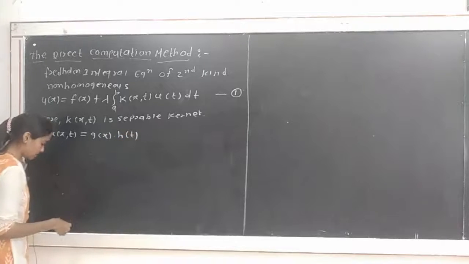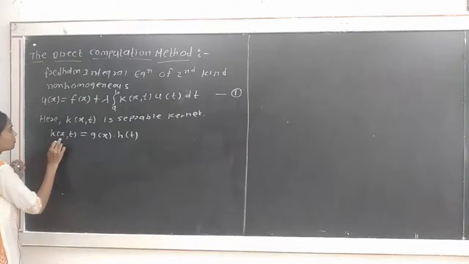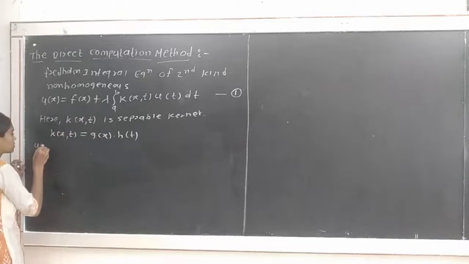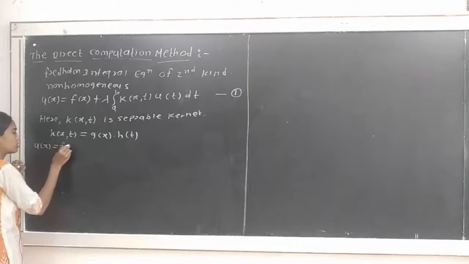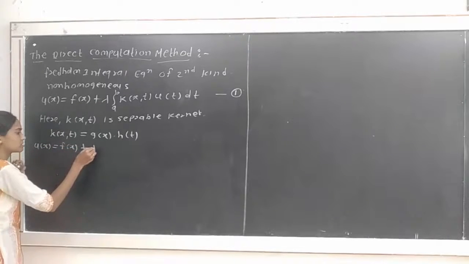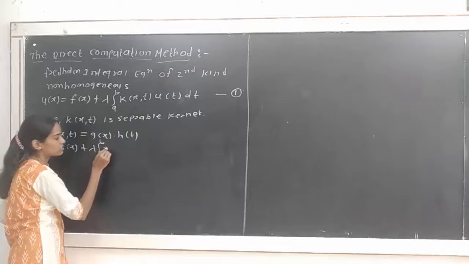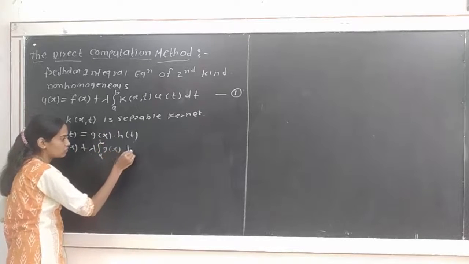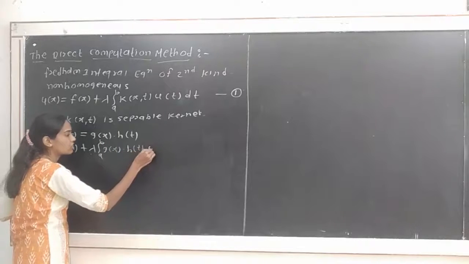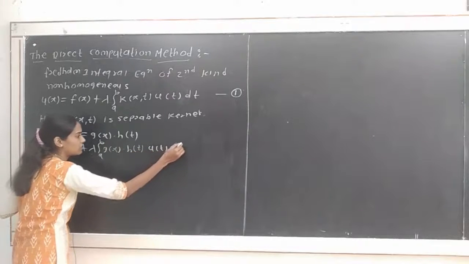So we put this value here. Equation 1 becomes u of x is equal to f of x plus lambda integration from a to b g of x into h of t into u of t dt.